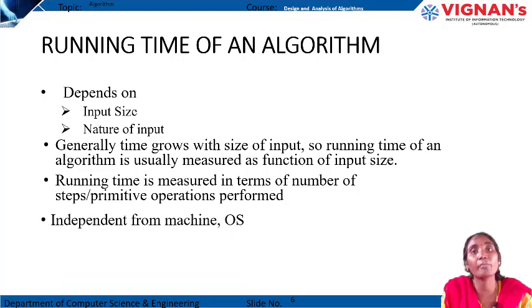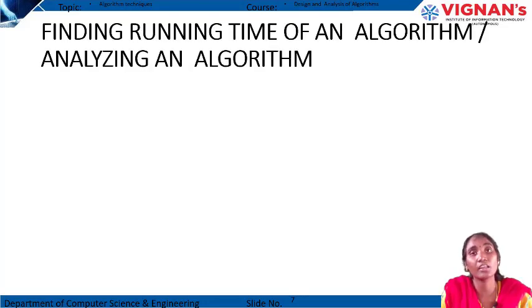An algorithm is independent of machine or operating system, because once the algorithm is designed, it is very easy to convert into any programming language. Programs are executed in an operating system, whereas the algorithm does not depend upon any operating system.